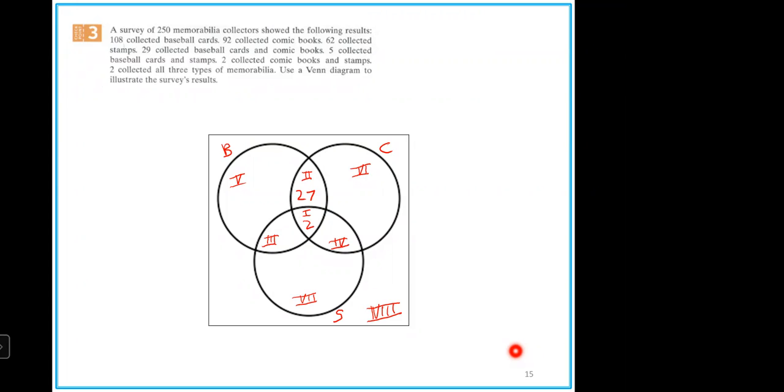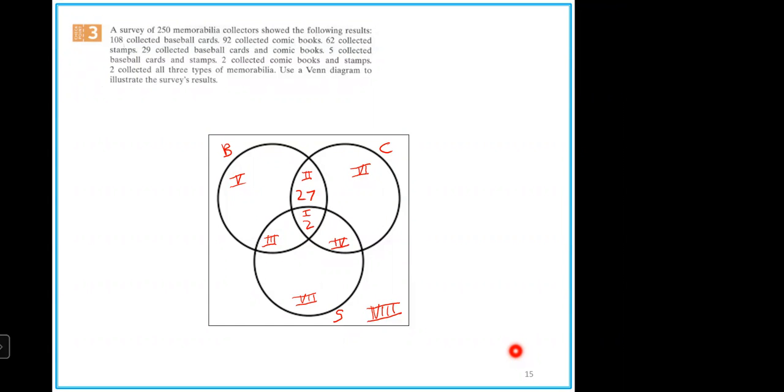3 would be 1, 2, 3. Okay, I got the 59 because it says 92 collected comic books. Okay, for my 3, we're looking at baseball cards and stamps.